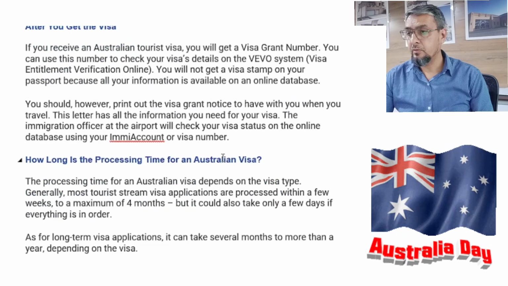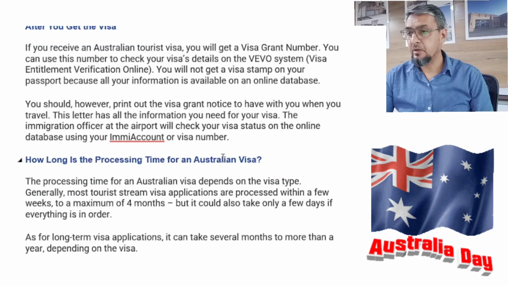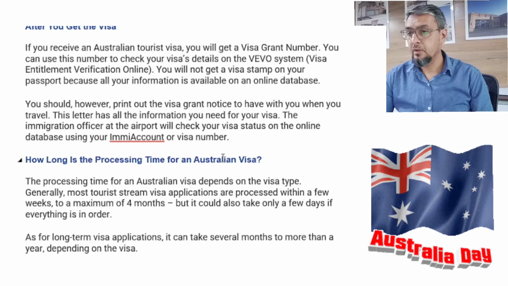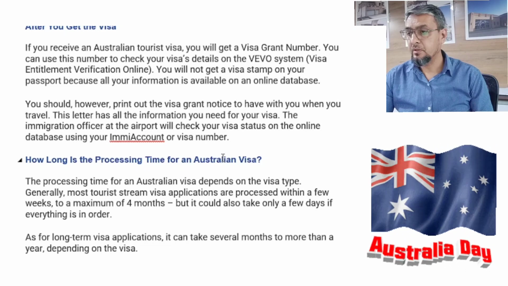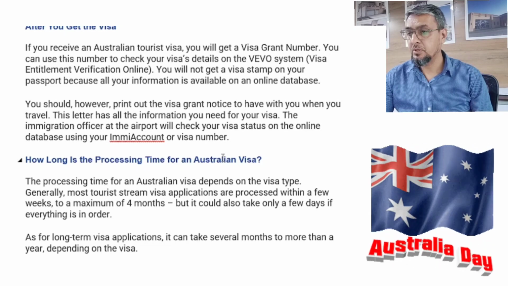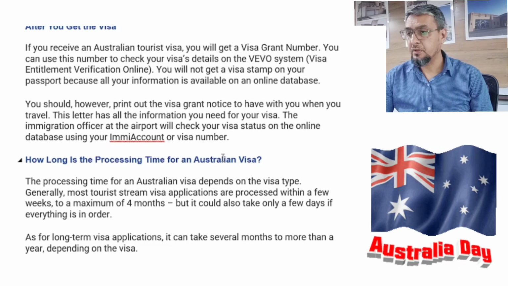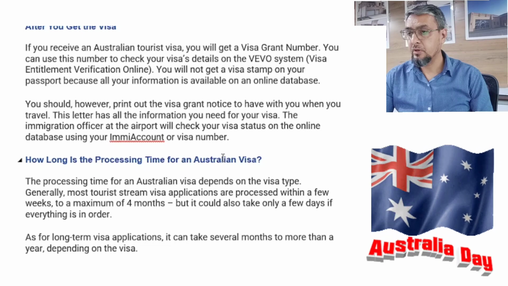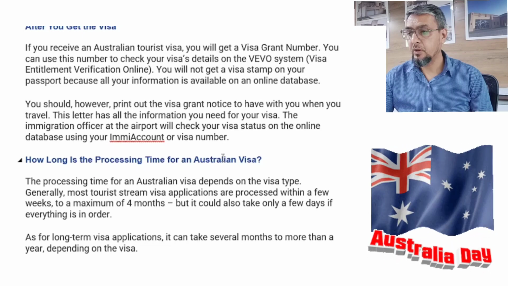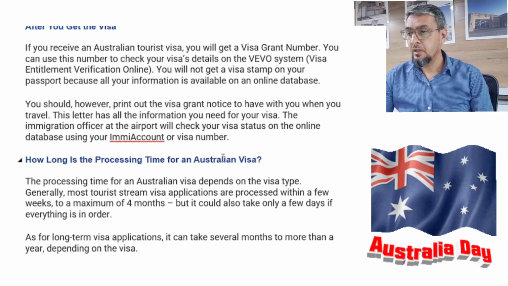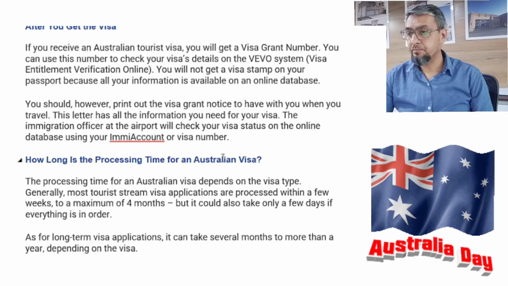You should, however, print out the visa grant notice to have with you when you travel. This letter has all the information you need for your visa. The immigration officer at the airport will check your visa status on the online database using your ImmiAccount or visa number.